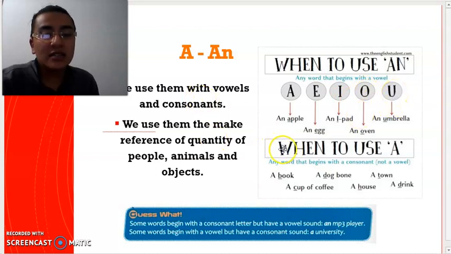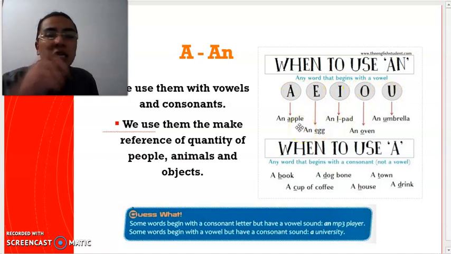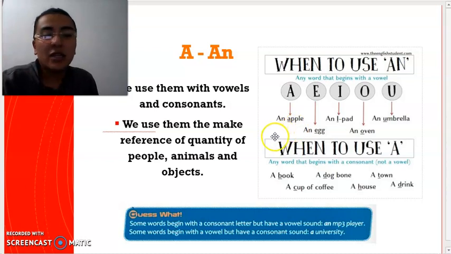And the consonants are actually the rest of the letters within the alphabet except the vowels. So for example, B, C, D, right? The whole alphabet besides the letters that we have right here, which are vowels.